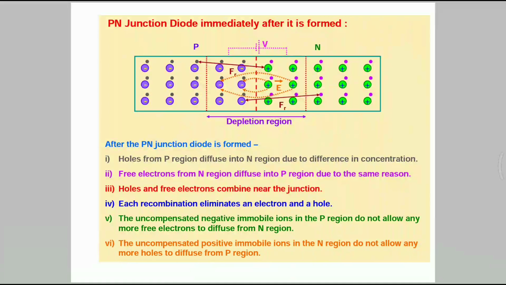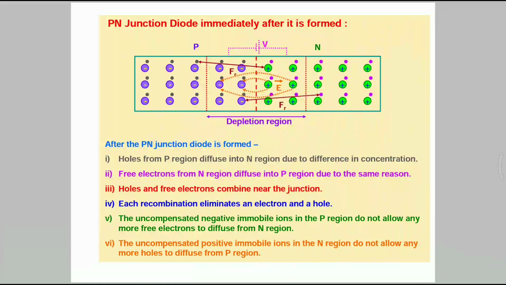Whenever p-type and n-type semiconductors join together, based on the diffusion process, holes are replaced by electrons and electrons are replaced by holes. Recombination takes place; diffusion means movement from higher concentration to lower concentration.